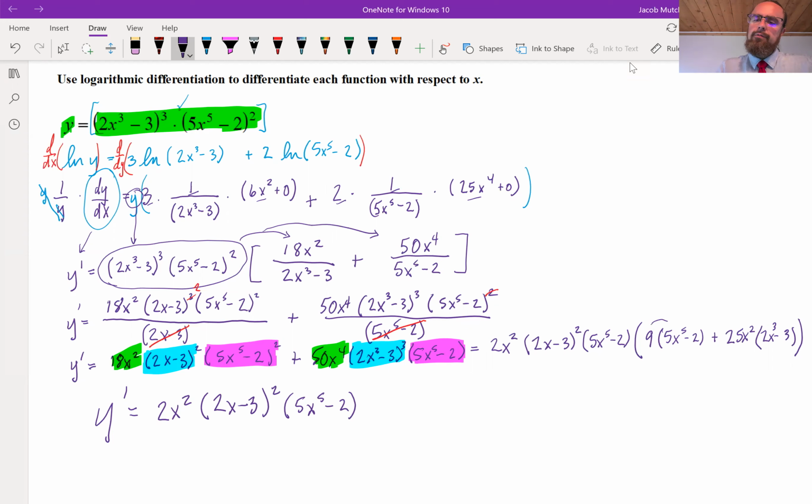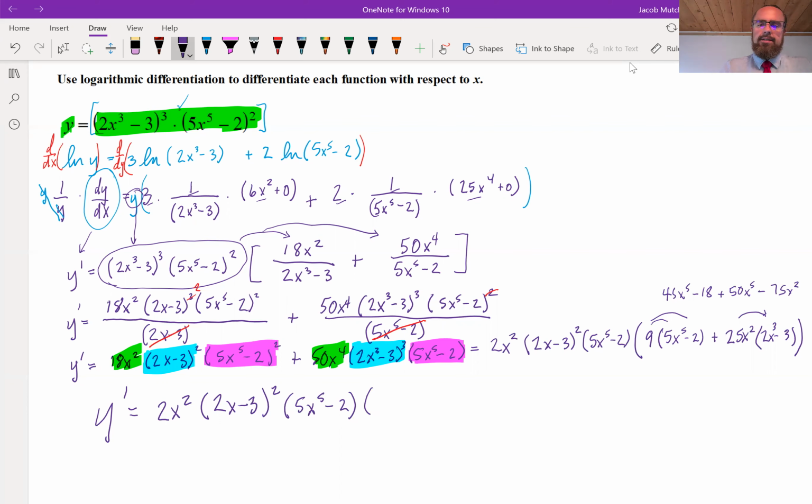So 9 times 5x to the 5th is 45x to the power of 5. 9 times minus 2 is minus 18. 25x squared times 2x cubed is plus 50x to the power of 5. And 25x squared times negative 3 is minus 75x squared.